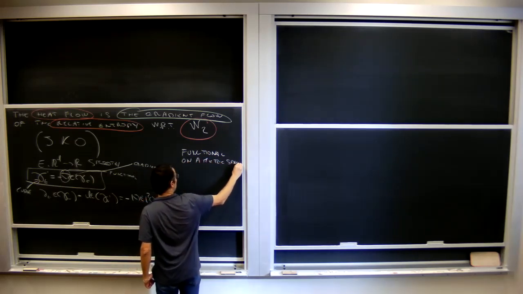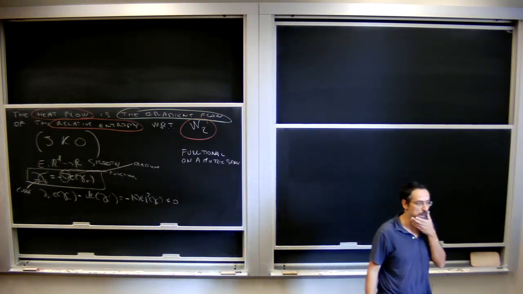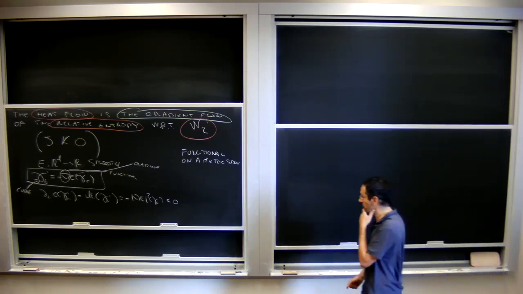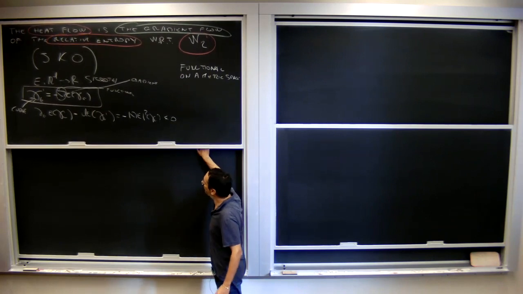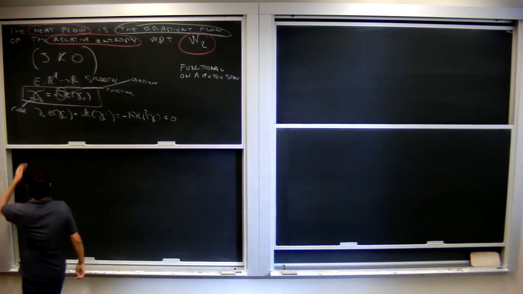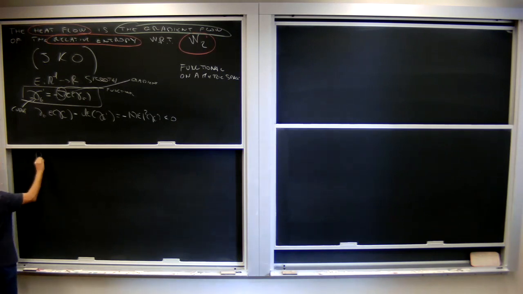Given this, maybe we can try to give a definition of gradient flow, perhaps under some regularity assumptions on either the function or the metric space. Now, let's see how we can interpret this in a purely metric way where there is no differential structure.